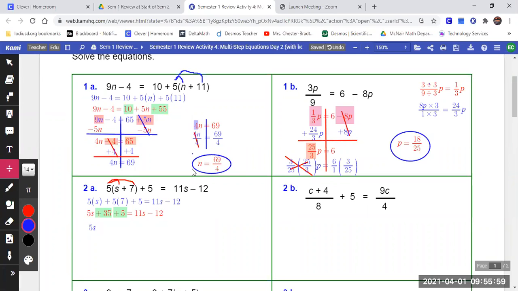So pull those pieces together. What do we get? Positive 40, and it's going to equal the 11s minus the 12. Okay, that didn't change. We're not changing anything except the one piece at a time.